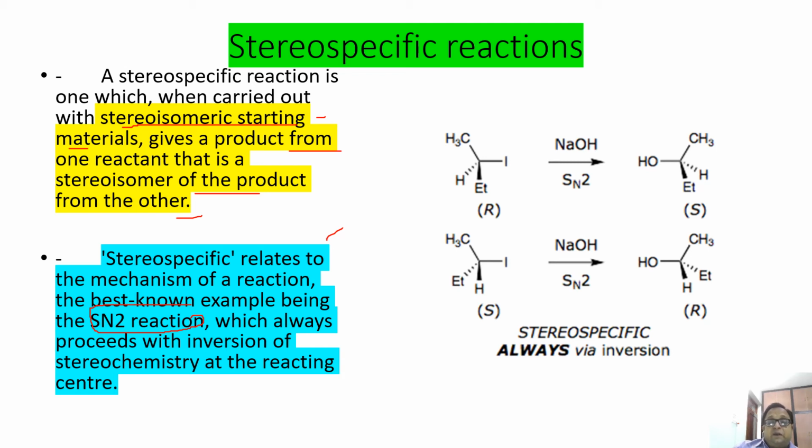Here in the SN2 reaction, R is the starting material and the product has the configuration S. Here the starting material is S and the product has the configuration R. So in this case the reactant determines which product is obtained.